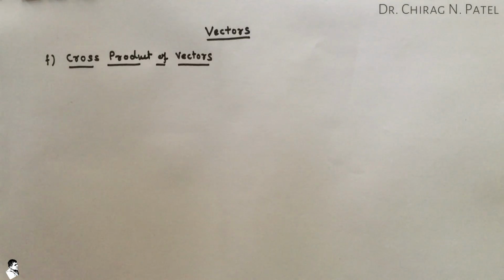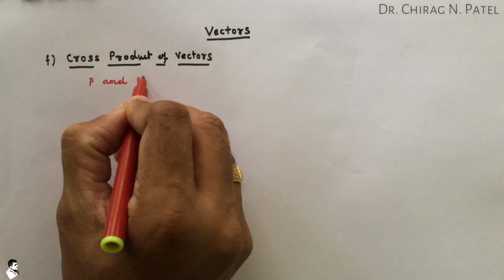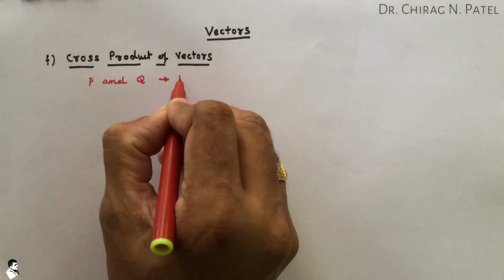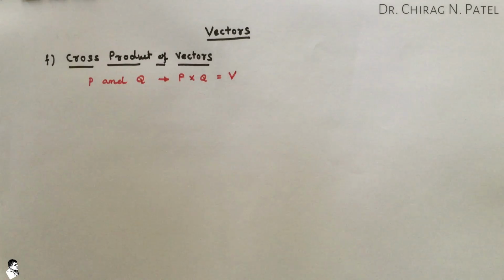To define a cross product of vectors, if we take vectors P and Q, it is generally represented by P cross Q, and that will be a new vector, vector V. This vector V has a magnitude equal to the product of the magnitudes of P and Q and the sine of the smaller included angle, and its direction and sense are such that the first vector, the second vector, and the product form a right-handed triangle.